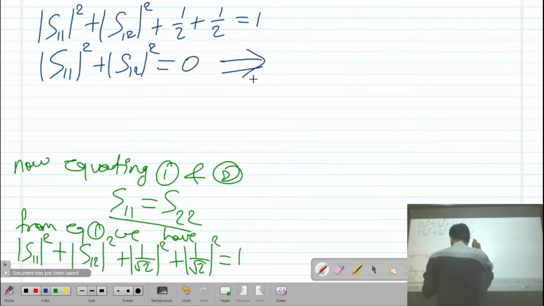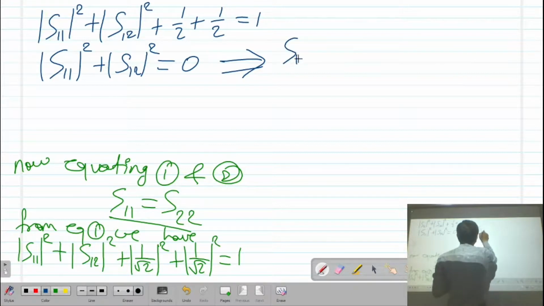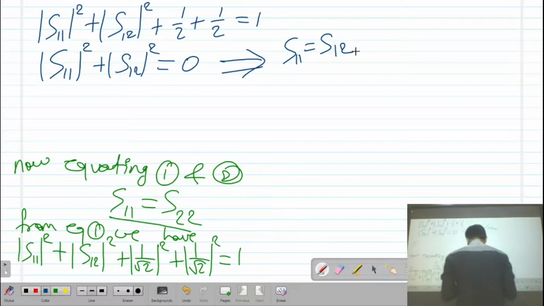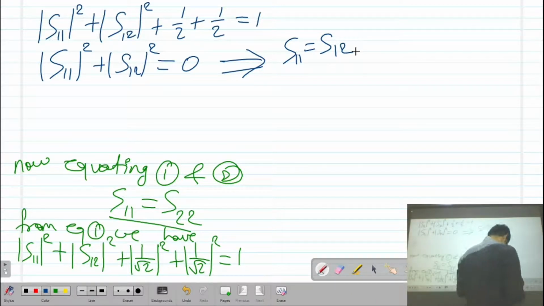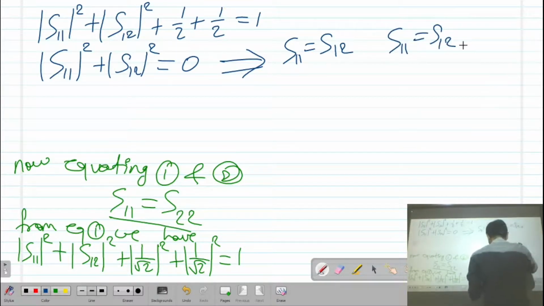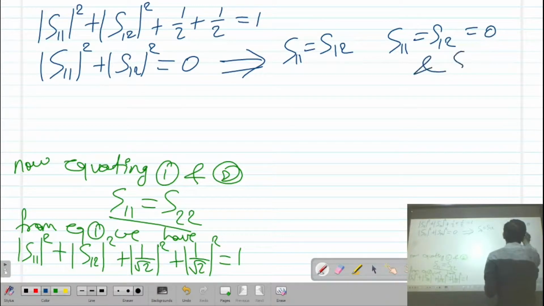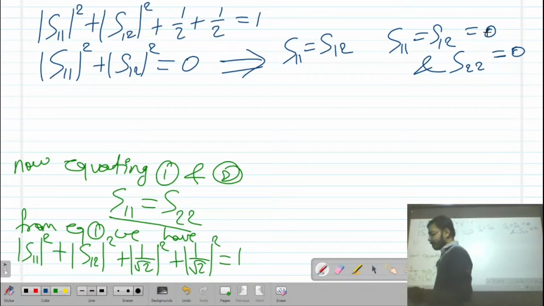This gives S11 equal to S12, and both are equal to 0. So S11 equals S12 equals 0, and S22 will be equal to 0.